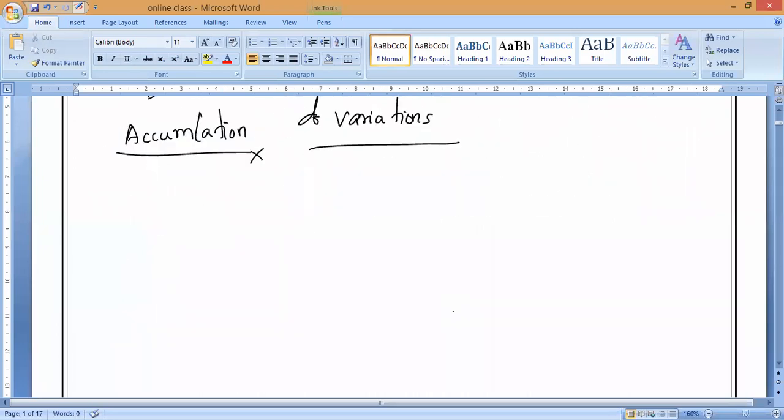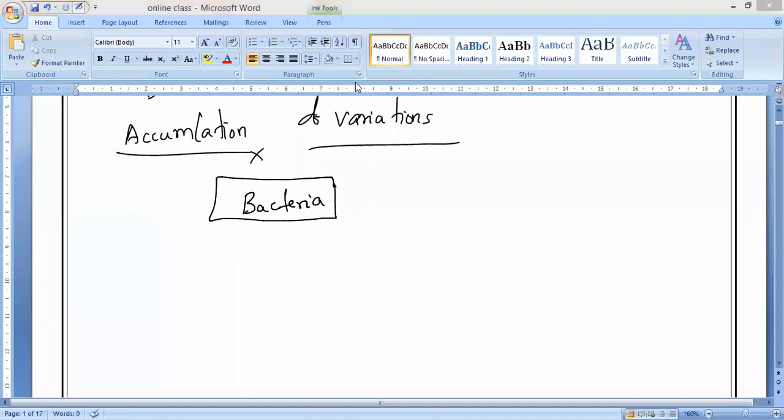For example, let us take some bacteria. Suppose a bacteria produces, this is the bacteria. Now will bacteria reproduce by the asexual or sexual method, guys? Please respond.